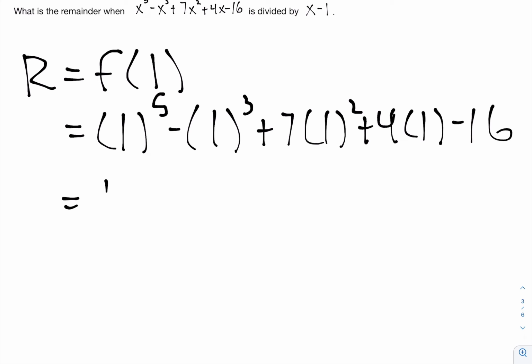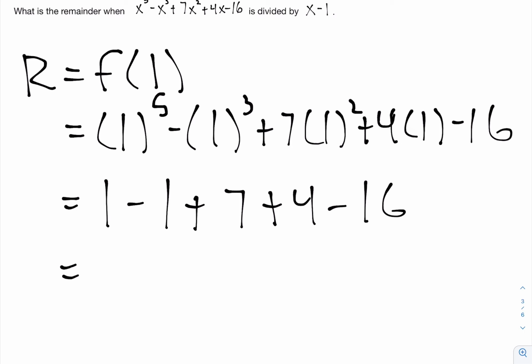Okay, 1 to the 5th is 1, minus 1 to the 3rd, which is 1, plus 7 times 1 squared, which is 7 times 1, which is 7, plus 4 times 1, which is 4, minus 16. Okay, in the first two terms, we see 1 minus 1, so those cancel. Now we have 7 plus 4 minus 16.